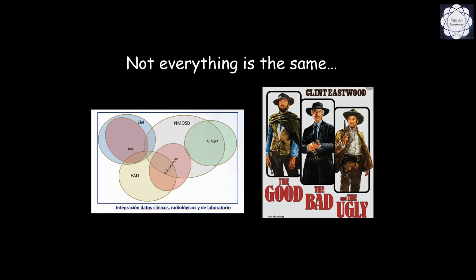There are another 10 or 15% with anti-MOG antibodies, and the rest are double negative. Maybe there are still some antibodies to be discovered. And finally, we have ADEM, acute disseminated encephalomyelitis, in which, at least in children, around 50% of patients have anti-MOG positive antibodies.